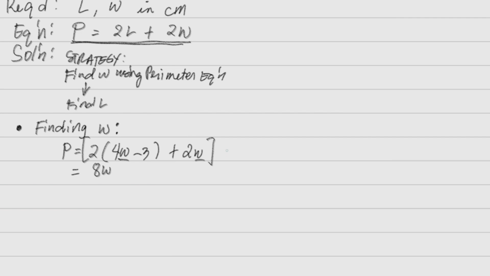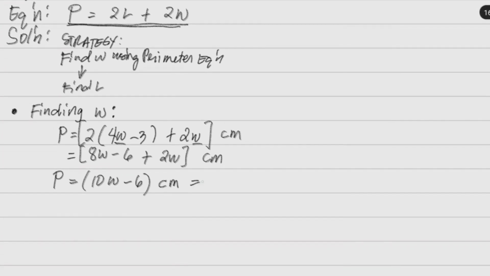Put them in brackets and then put the unit centimeter. So this will be 8W minus 6 plus 2W. Then put them again in brackets in centimeters so that you will never forget the units. And then simplifying, that will just be 10W minus 6. Put them in brackets, centimeters, and that is just equal to 19 cm.